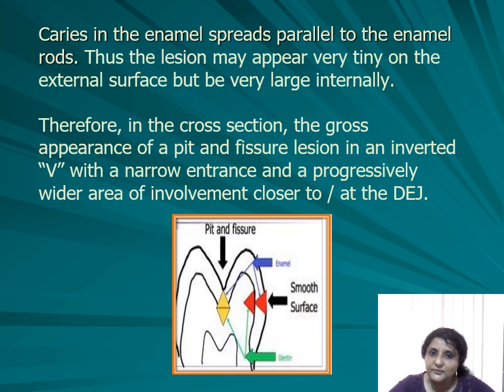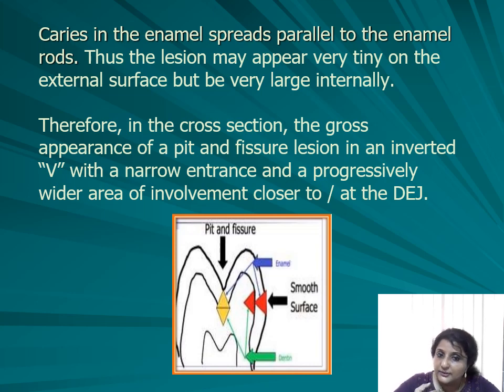Now, caries in the enamel spreads parallel to the enamel rods. So if you look at it on the occlusal surface to the dentino-enamel junction, the direction of the enamel rods would look like an inverted V. Once it reaches the dentino-enamel junction, it spreads laterally and then it moves towards the pulp in a V direction.